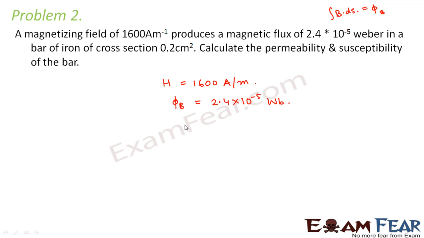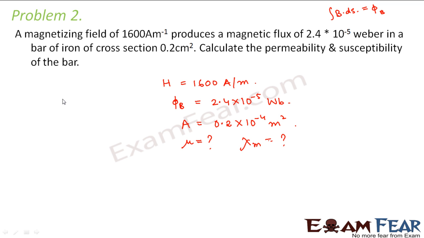And the cross-sectional area of the bar is given as 0.2 centimeter square, that is 0.2 into 10 to the power minus 4 meter square. We have to calculate the permeability and the magnetic susceptibility of the bar.